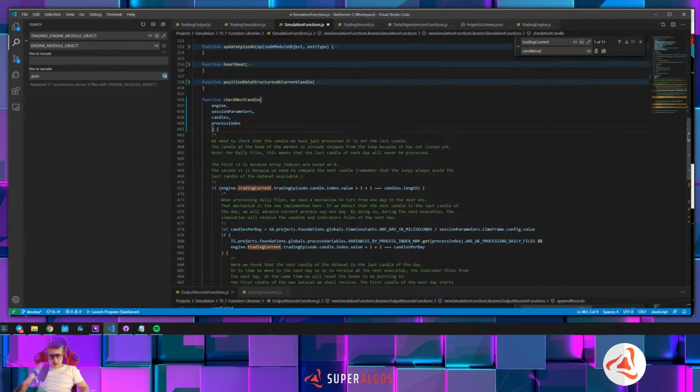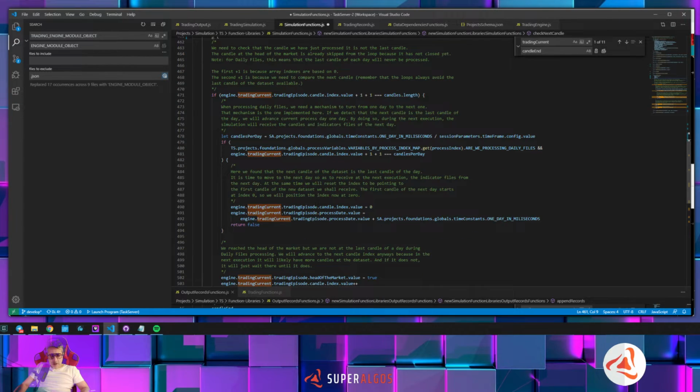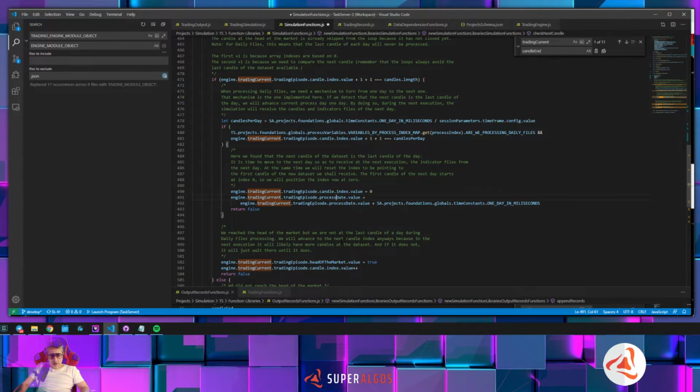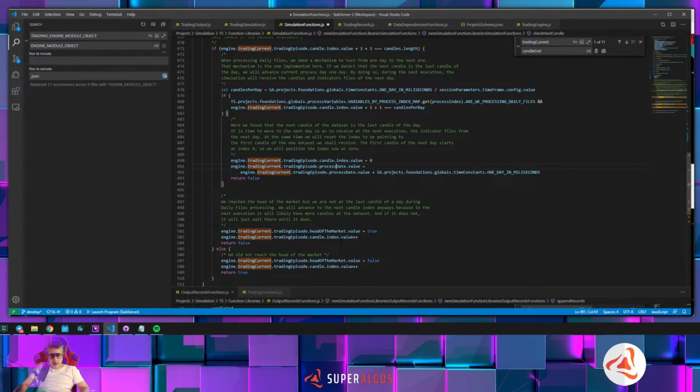So here we need the candle, here we need the candle, here the process date. It might be valid also to have an episode directly, the episode instead of the trading episode.